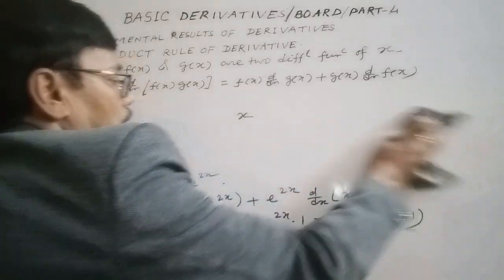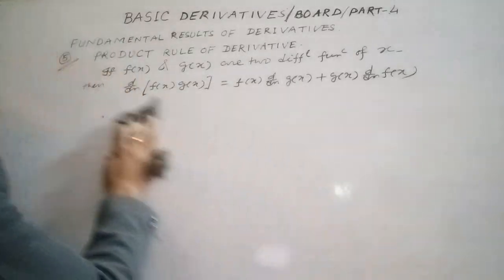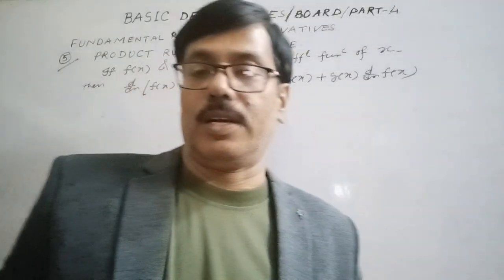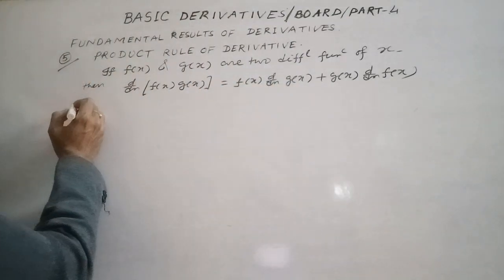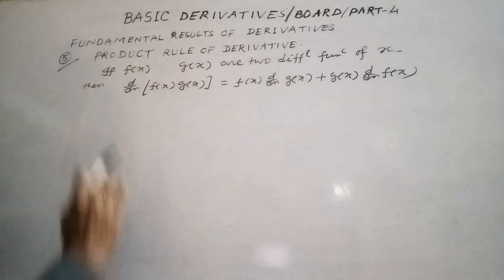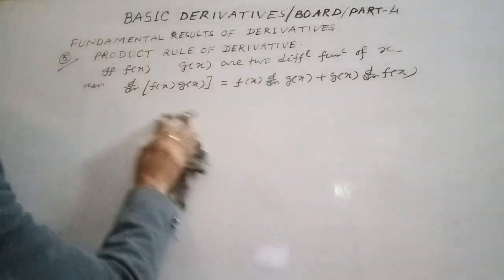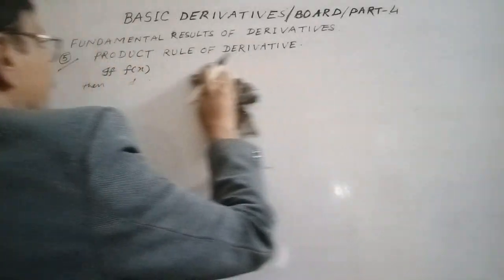Now, if there are three functions, more than two, so here is the product rule for three functions.